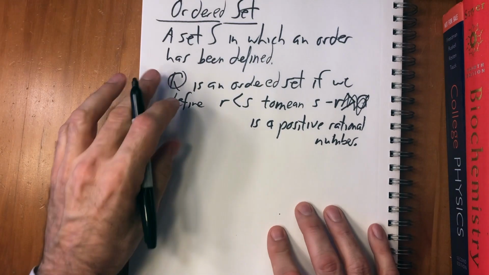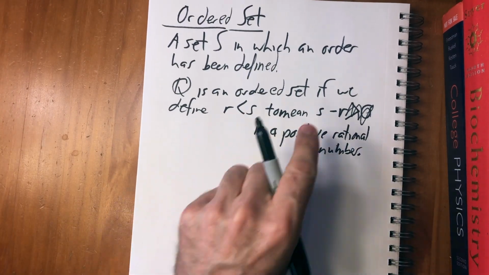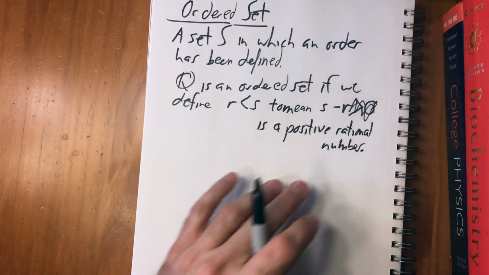Okay, so for rational numbers and for every number that we think of, we can think that this is true. If r is less than s, then that means that the bigger one minus the smaller one is positive. Okay, we'll be using that later.